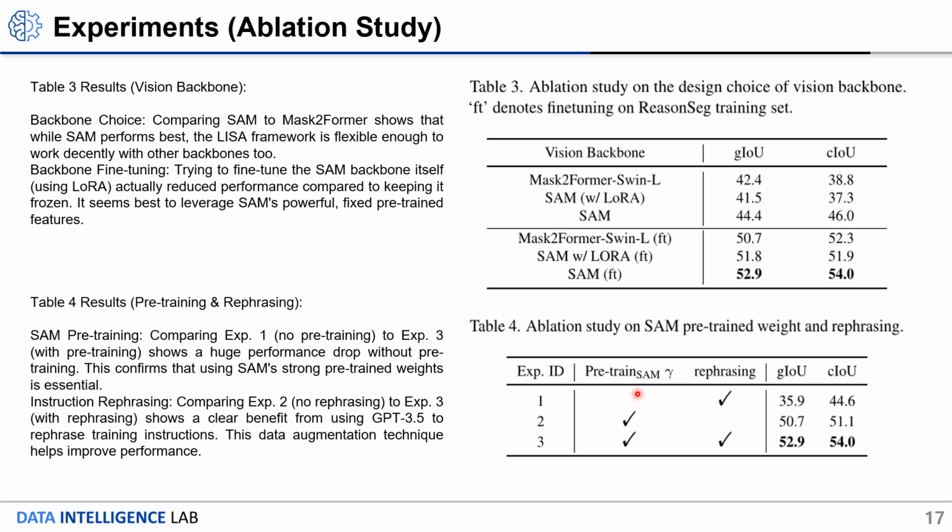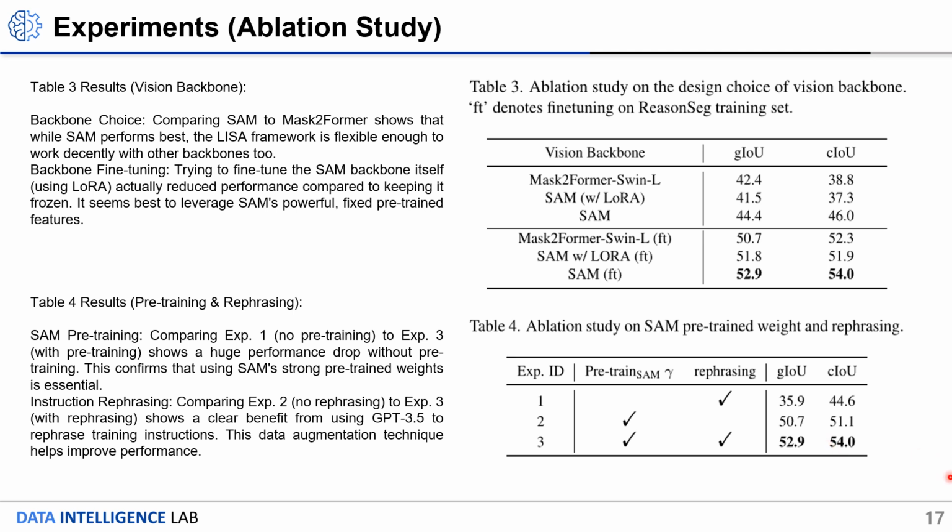Now for table 4, an ablation study on SAM pre-trained weights and rephrasing. The table 4 results on SAM pre-training compare experiment 1, no pre-training, to experiment 3 with pre-training, and show a huge performance drop without pre-training.